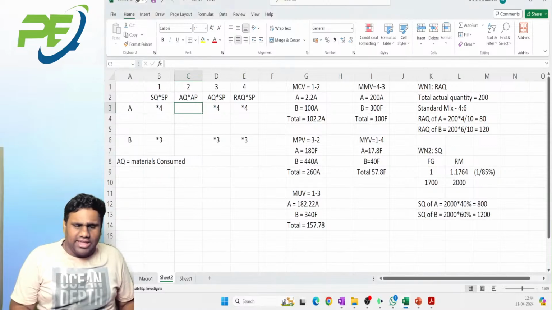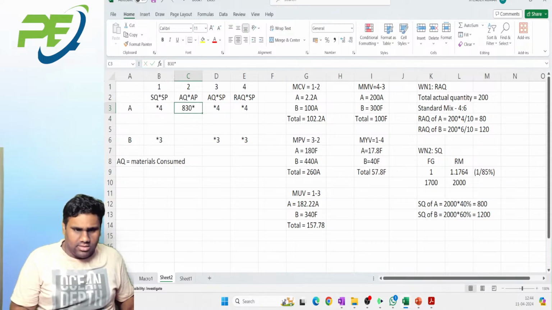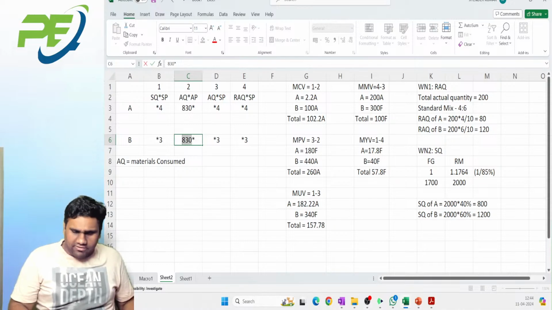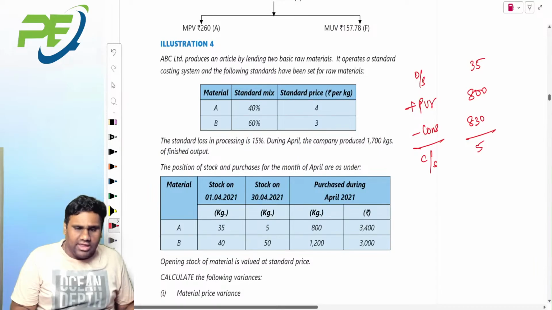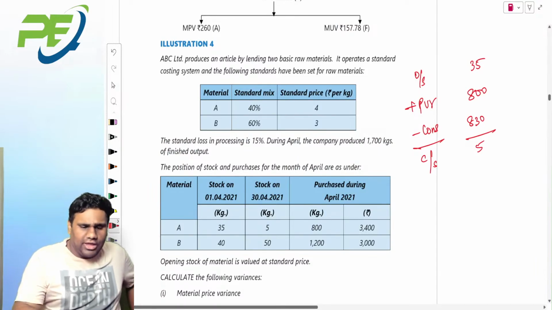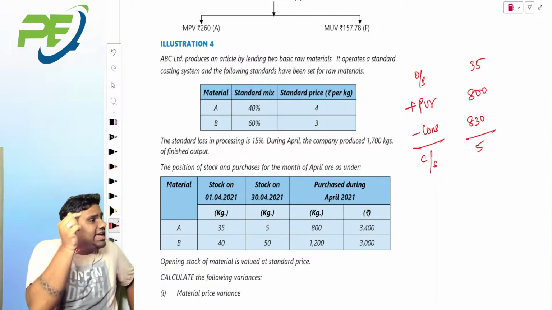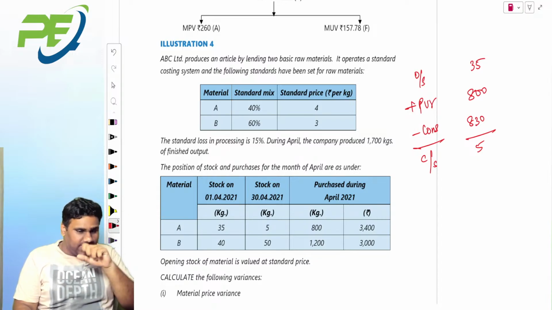Okay, sorry, correct it was, 835. This 1190 is the actual quantity. But actual price will vary because the opening stock was valued at standard price.